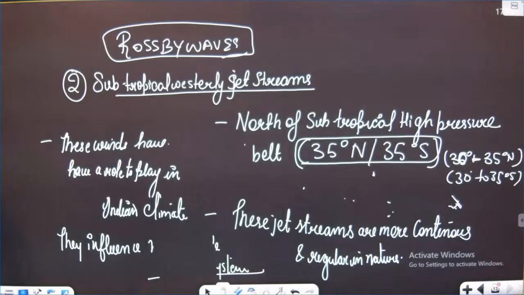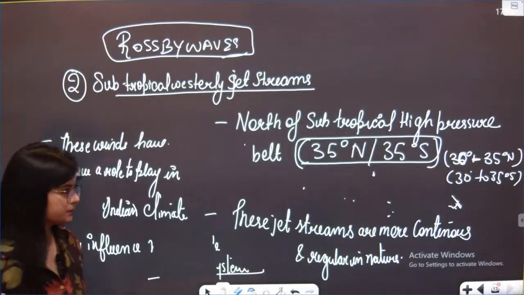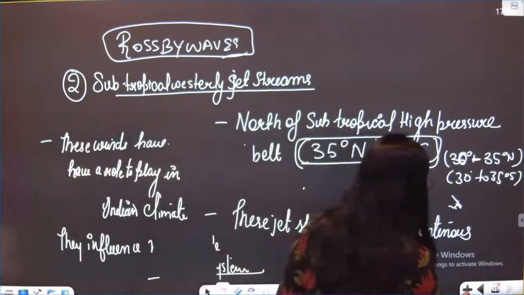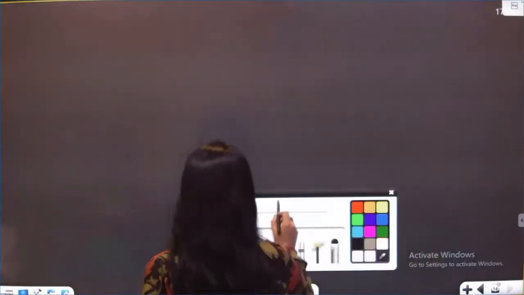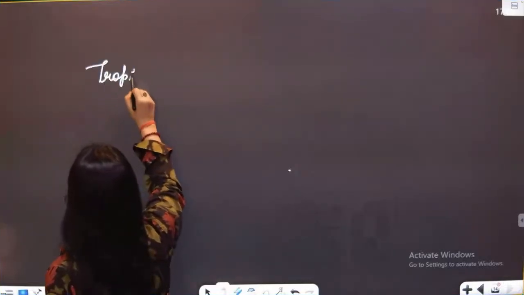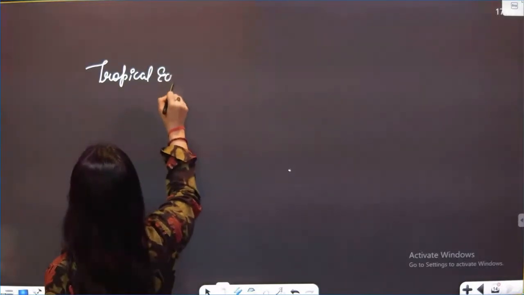Okay. So next, write down tropical easterly jet streams. Have you written this? Write down tropical easterly jet stream.